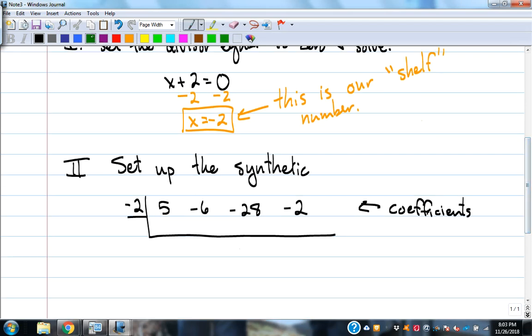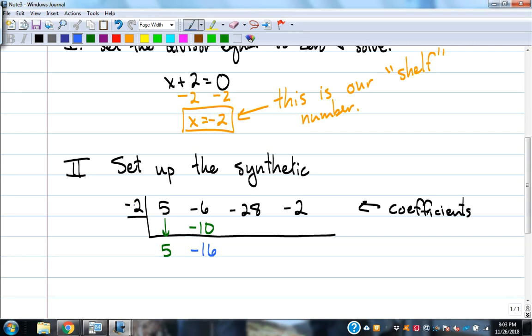So here's how it works. The first thing you do is drop the 5 down. Drop that 5 down first. And then we're multiplying, just like you do with regular division. 5 times negative 2 is negative 10. That goes right there. And then you add negative 6 plus negative 10, negative 16.